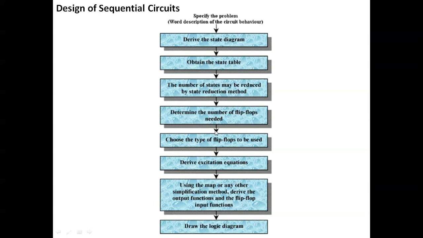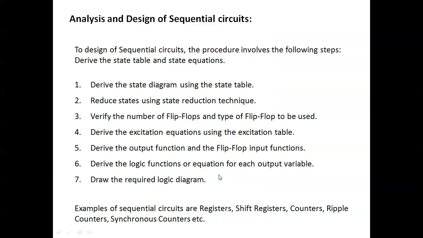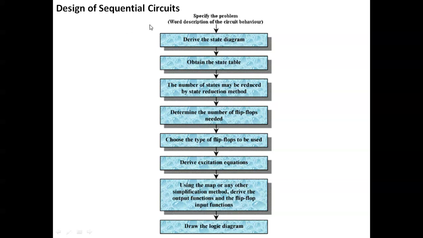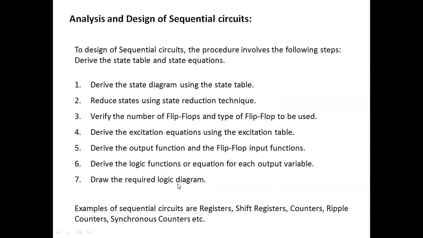Determine the number of flip-flops needed, choose the type of flip-flop to be used, and derive the excitation equations. Using a map or any other simplification method, derive the output functions and the flip-flop input functions, and draw the logic diagram. So these are the steps for the analysis and design of sequential circuits.